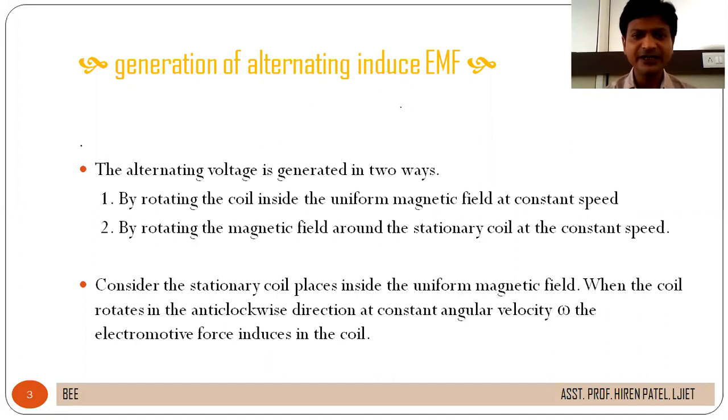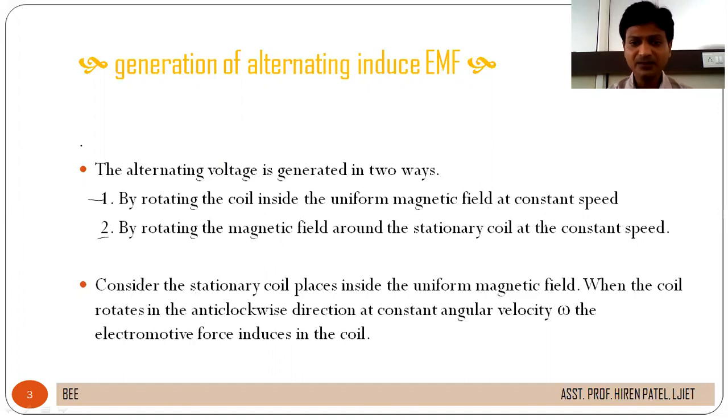Generation of alternating induced EMF. We can generate alternating voltage in two ways. The first case is by rotating the coil inside a uniform magnetic field at constant speed, and the second case is by rotating the magnetic field around the stationary coil at constant speed.